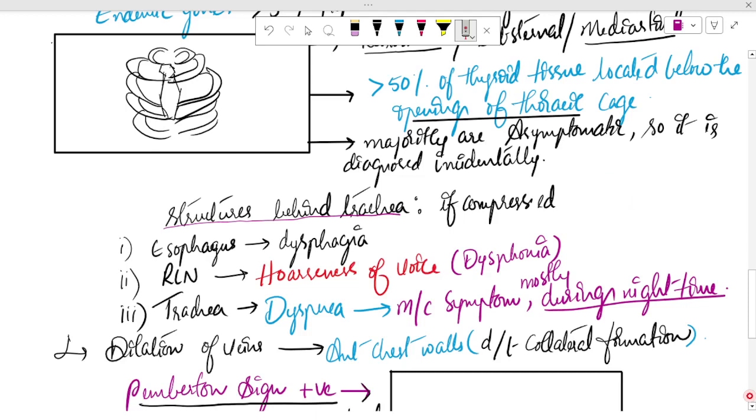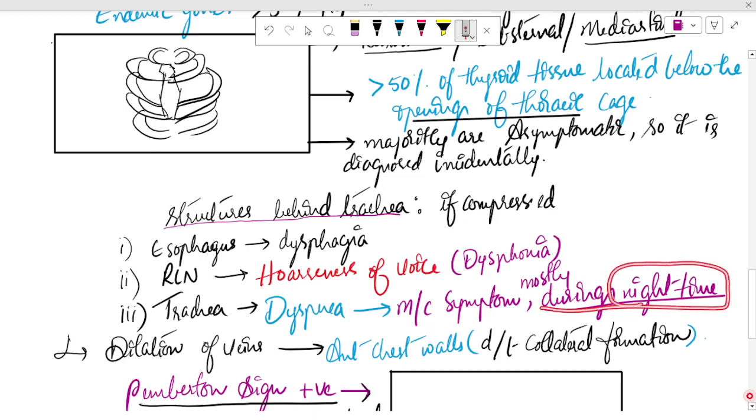If the trachea is compressed due to the growing size of the goiter, then it leads to dyspnea. Dyspnea is the most common symptom explained by the patient, and it is mostly pronounced during the night time only.